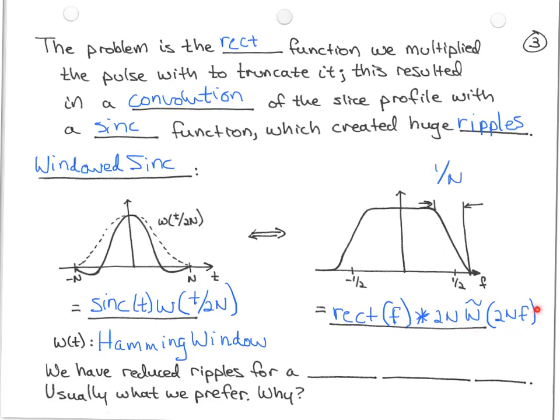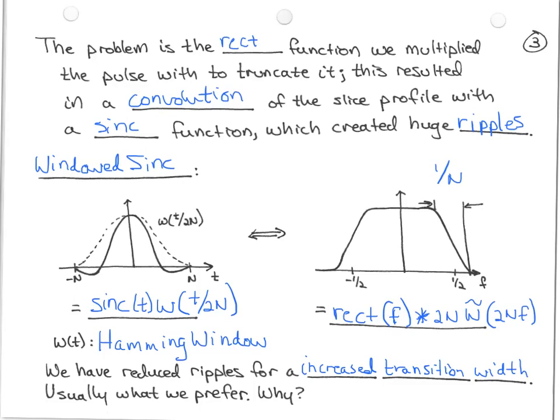So it's the Fourier transform of the window function, which is not necessarily analytically the same thing as the function itself. Okay. So again, as I just said, we have reduced ripples, but the cost that we pay for this is an increased transition width. Right? We doubled the transition width in order to reduce the rippling.